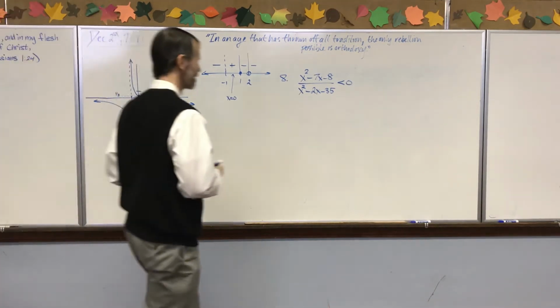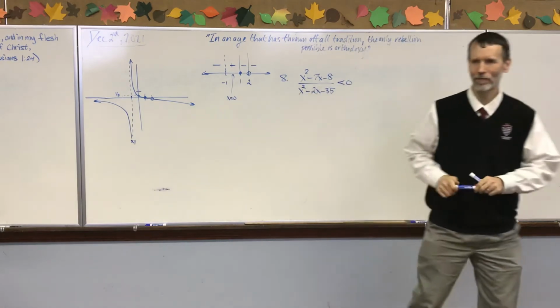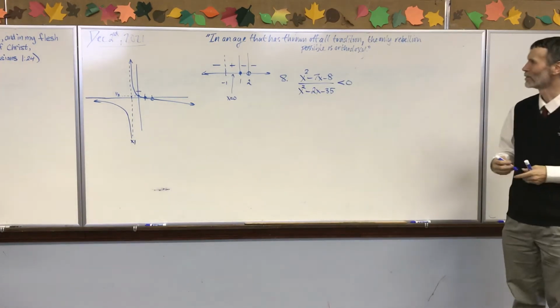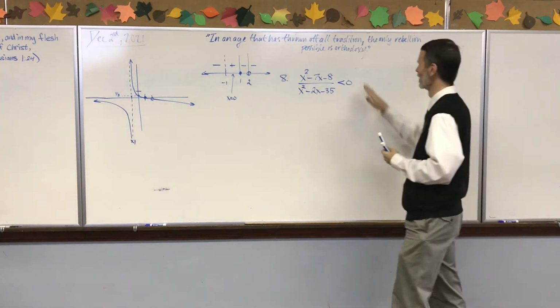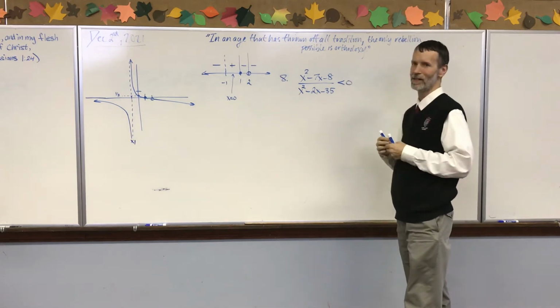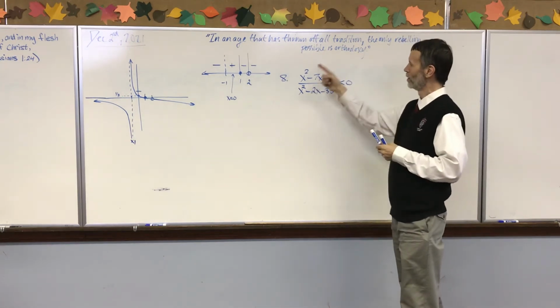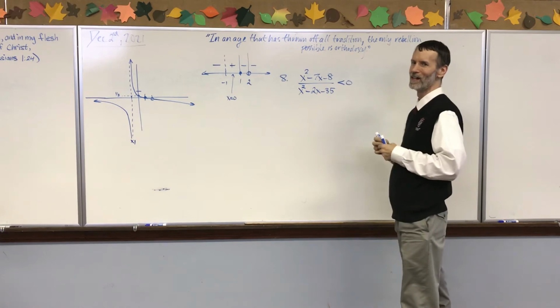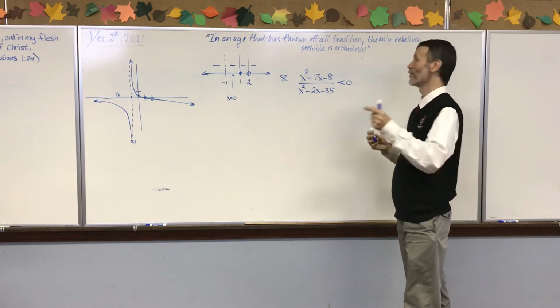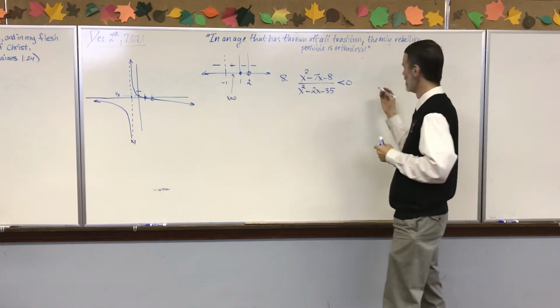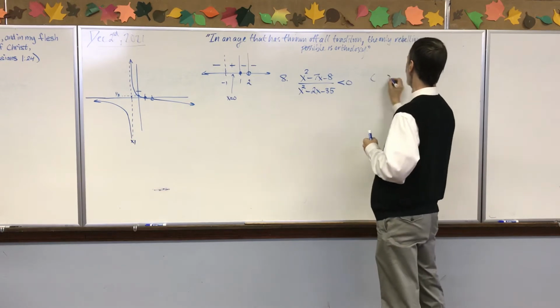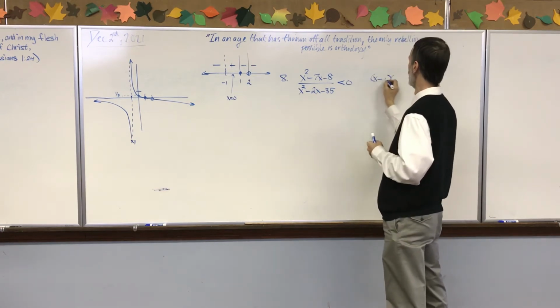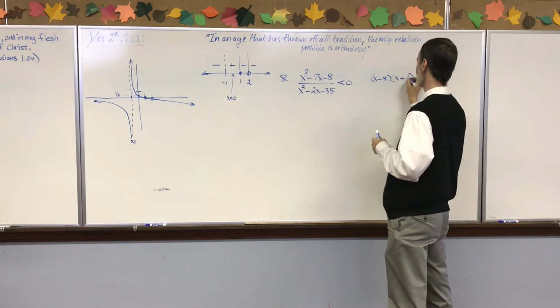Let's try this. Tell me what to do first. Megan, take over. What would you do first on this thing? What can we do? Yeah, factor. Does the top factor? Into what? Correct. X minus 8, x plus 1.